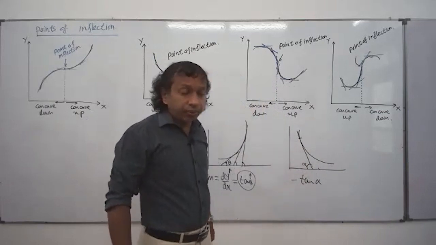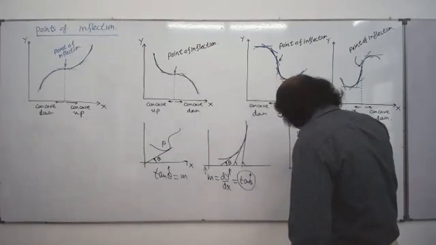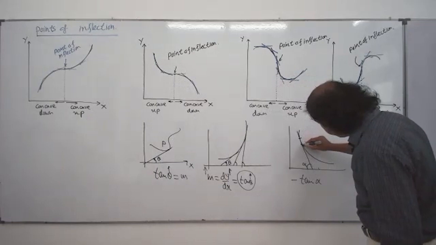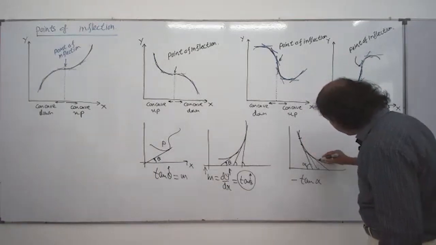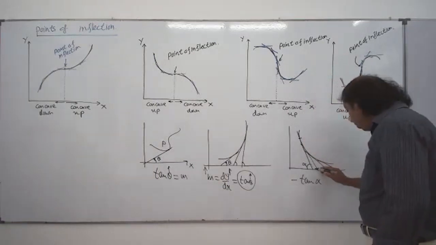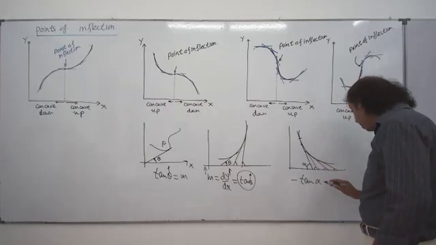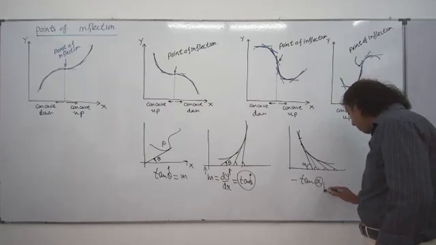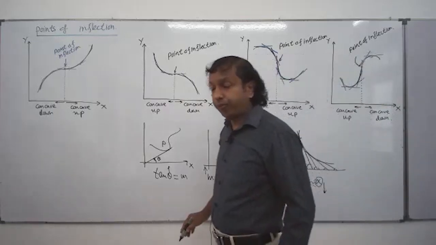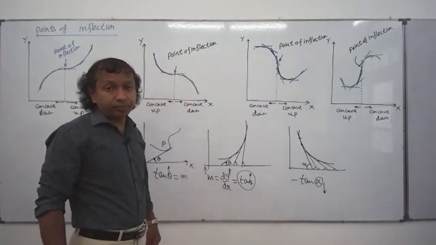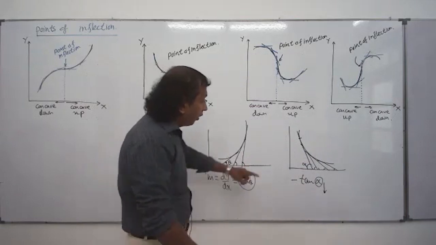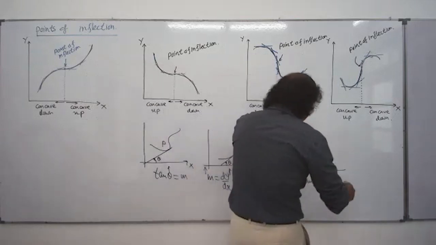Then you can see, when we keep drawing tangents this way here, you can see this angle decreasing. That means alpha decreasing. Alpha decreasing means tan decreasing. Then I suppose to take some value here.